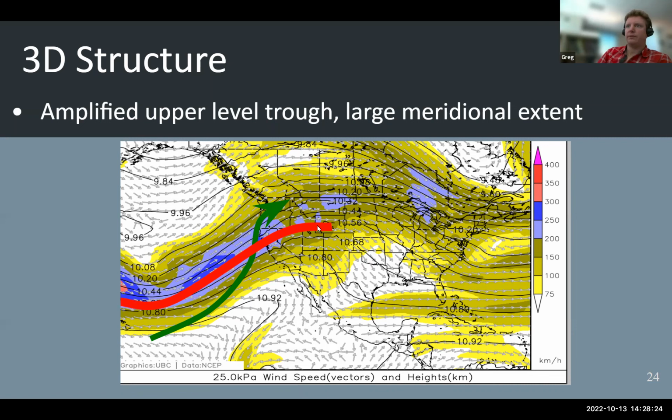This is roughly the jet maximum through here, and you might expect the low level water vapor transport to be maximized along a line like this. At the upper levels, one setup for atmospheric rivers is a trough with a lot of north-south extent. With that, you're able to advect air out of the subtropics and bring it up into the mid-latitudes.